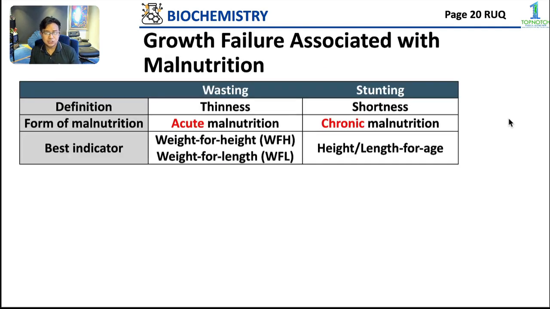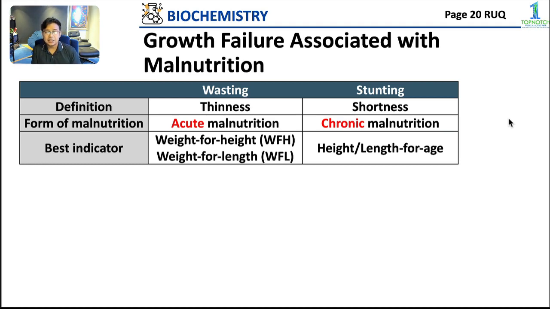In terms of growth failure in children, we have two major conditions, wasting and stunting. Wasting is gaano kapayat ang ating pasyente. This reflects acute malnutrition. So, ganito siya isipin. Di ba pag nagkasakit ka, ang expectation ay papayat ka kasi you have higher metabolism and you have poor oral intake.